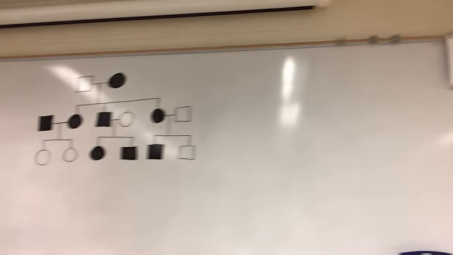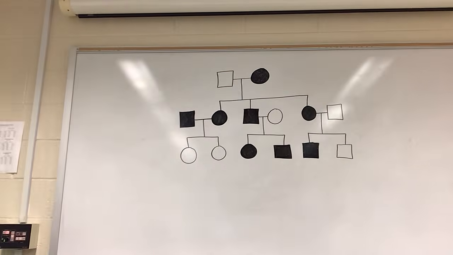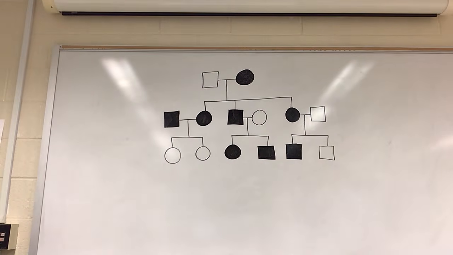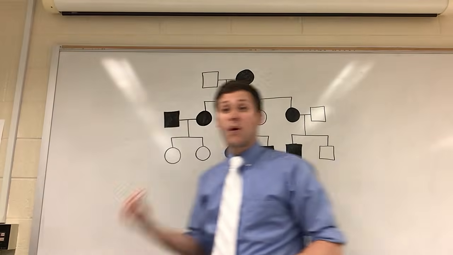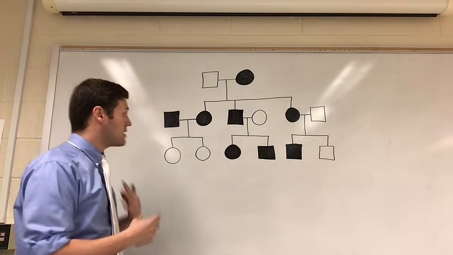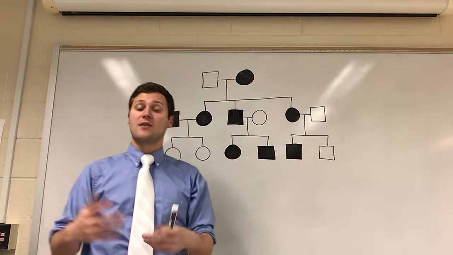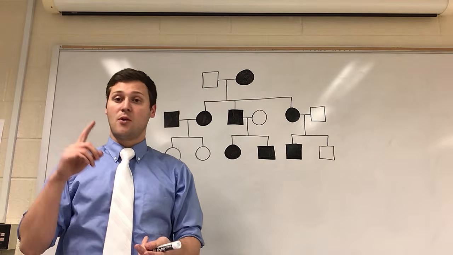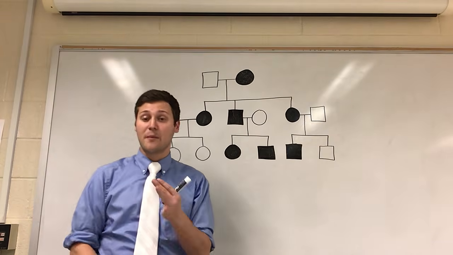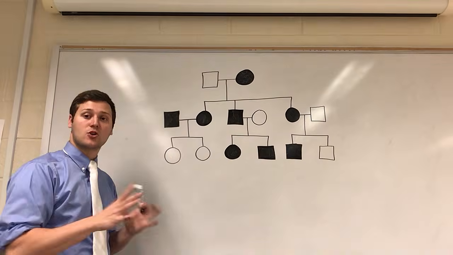So we're going to go over to this pedigree. This is a pedigree that was actually on an AP question. So I decided to pull this, and they asked the person to figure out whether or not it's X-linked, autosomal, whether it's recessive or dominant. So let's use our tricks.